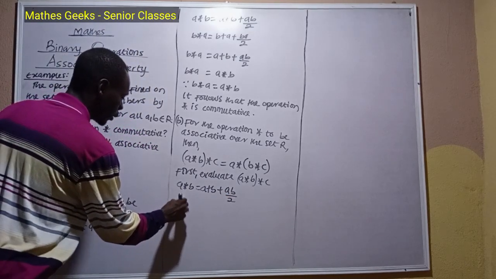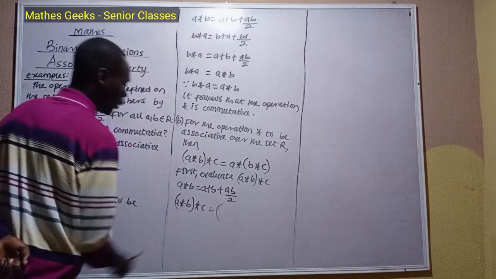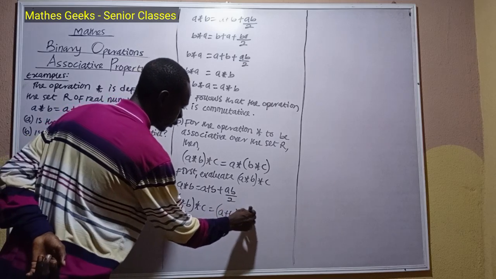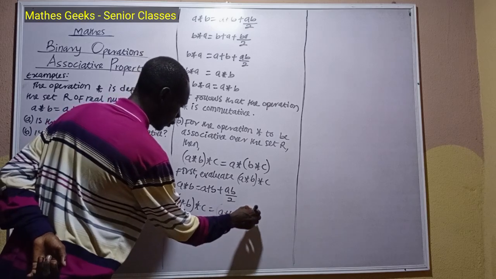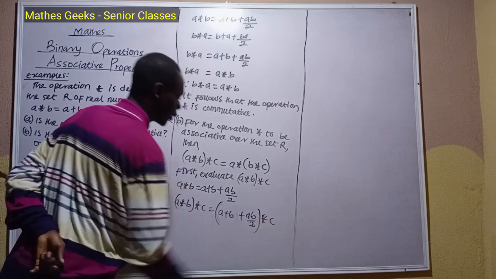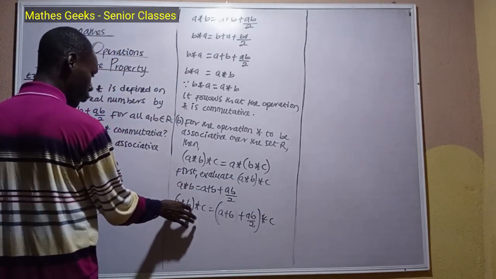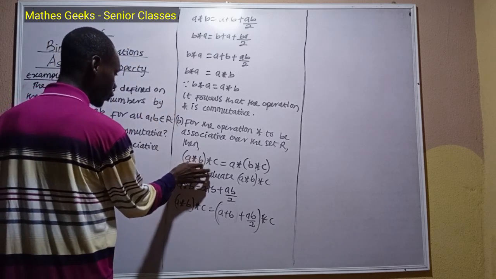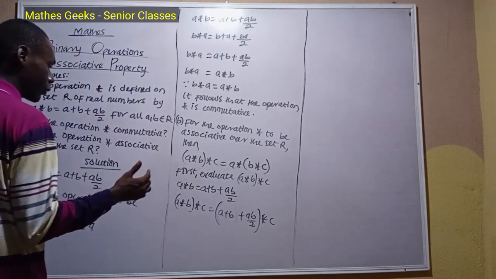Now (A star B) star C will become (A plus B plus AB over 2) star C. Now what this implies is that generally when we work with A star B first, because the two elements are inside the bracket, we treat them as two elements.